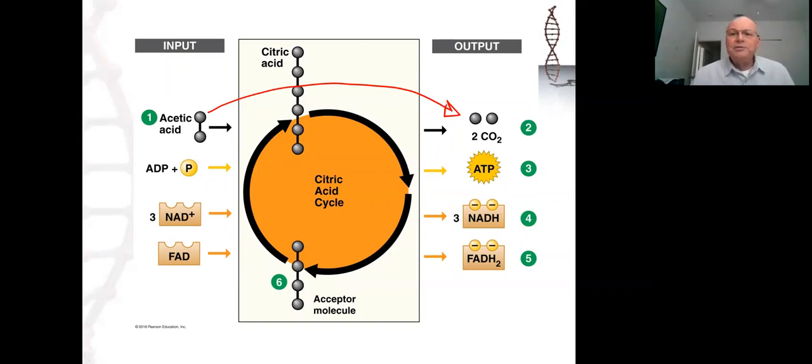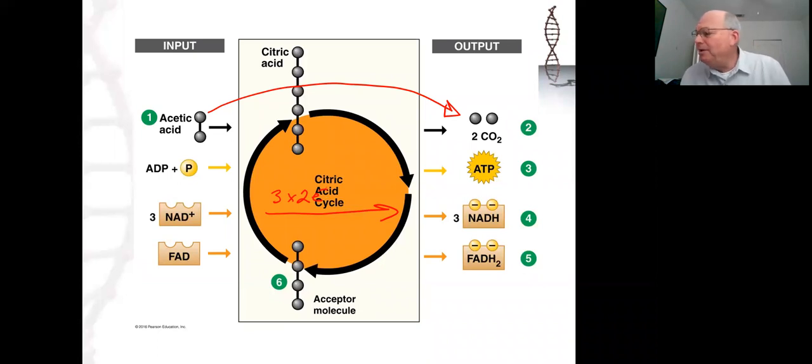The electrons, hopefully you can read that over the top. So the 3 NAD pluses that get reduced to NADH, we get 3 pairs of electrons being released as part of the citric acid cycle.